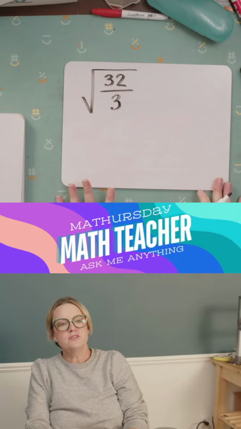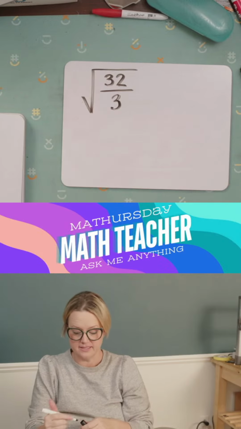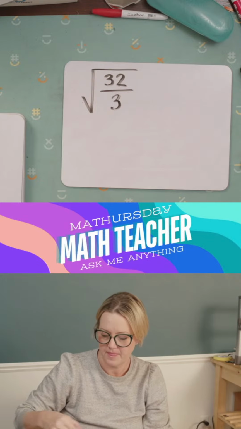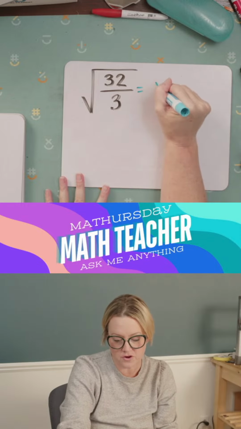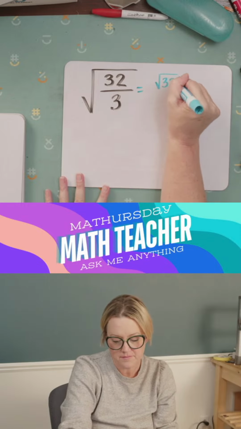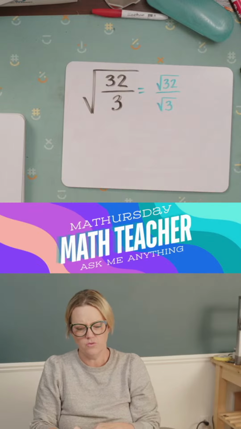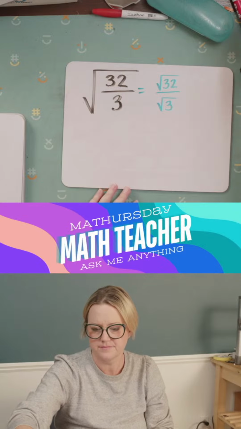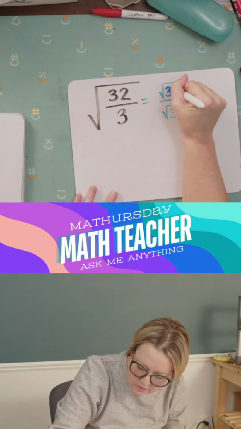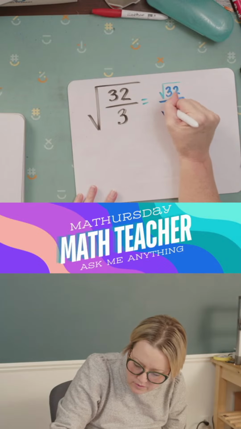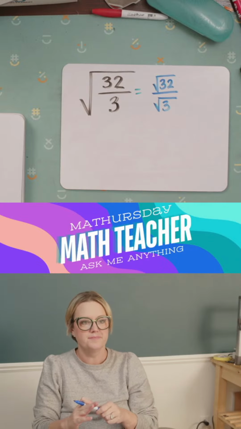When you have the square root of a fraction like this, it's the same thing as taking the square root of the numerator and the square root of the denominator. So it's the same thing as square root 32 over the square root of 3. And it's a bit easier.